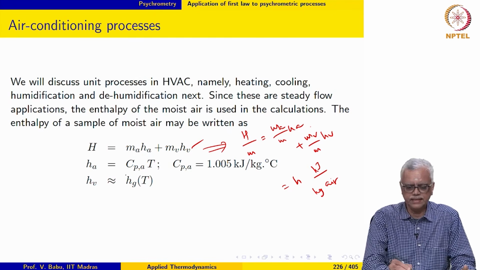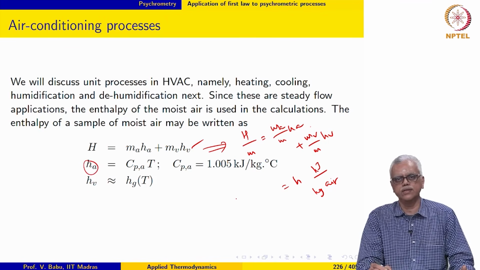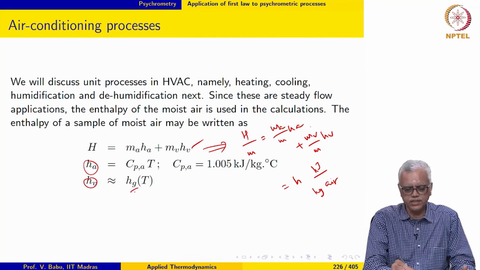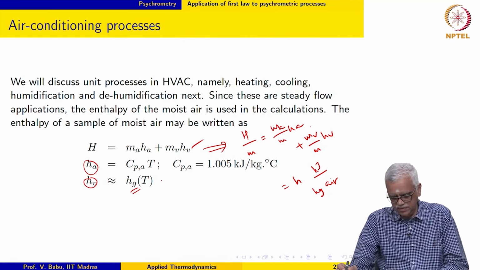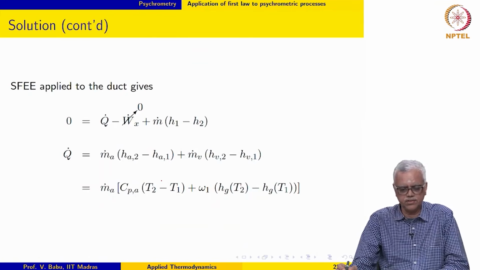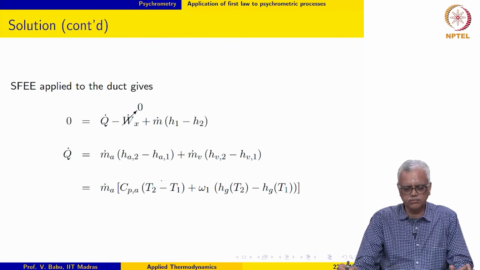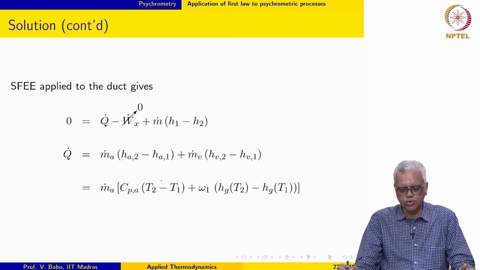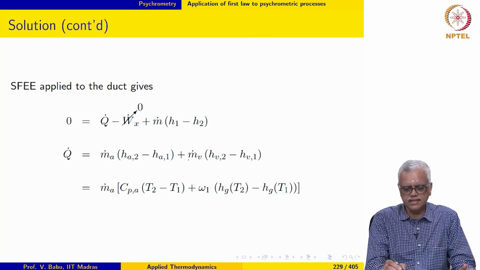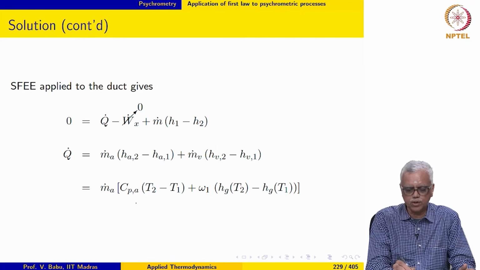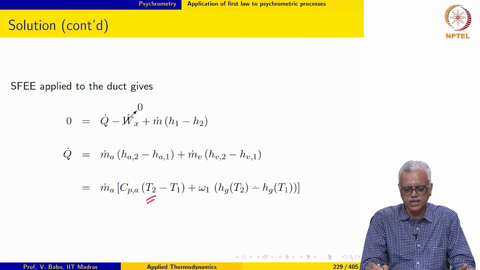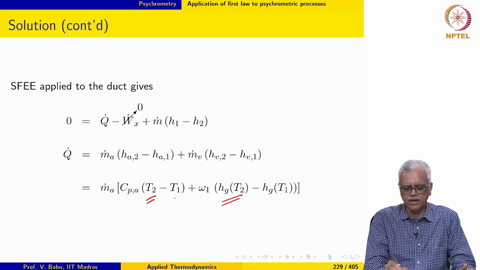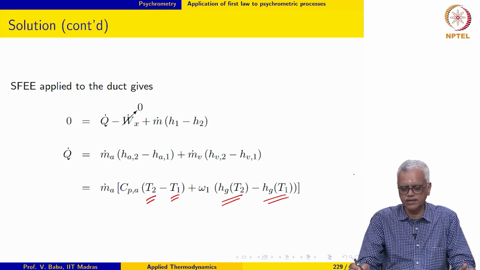We can then approximate ha using the calorically perfect assumption, and hv may be approximated as hg of T. However, if you look at psychrometric applications, the examples that we have done so far, you will notice that we get this combination of terms: Cp times T2 plus omega times hg(T2), and Cp times T1 plus omega times hg(T1).